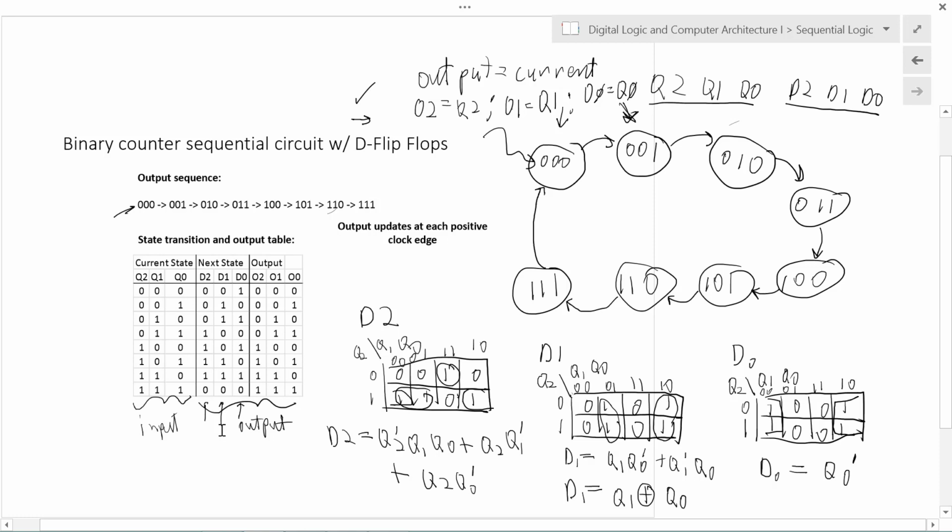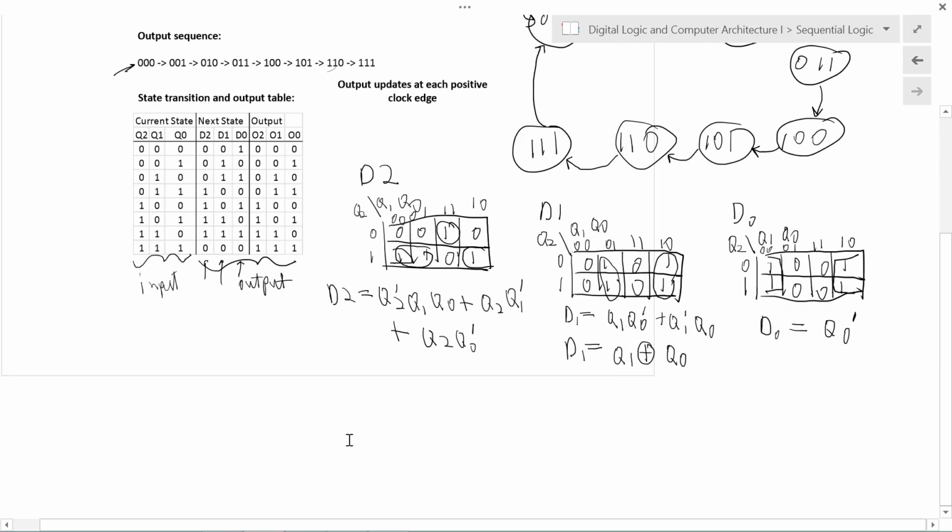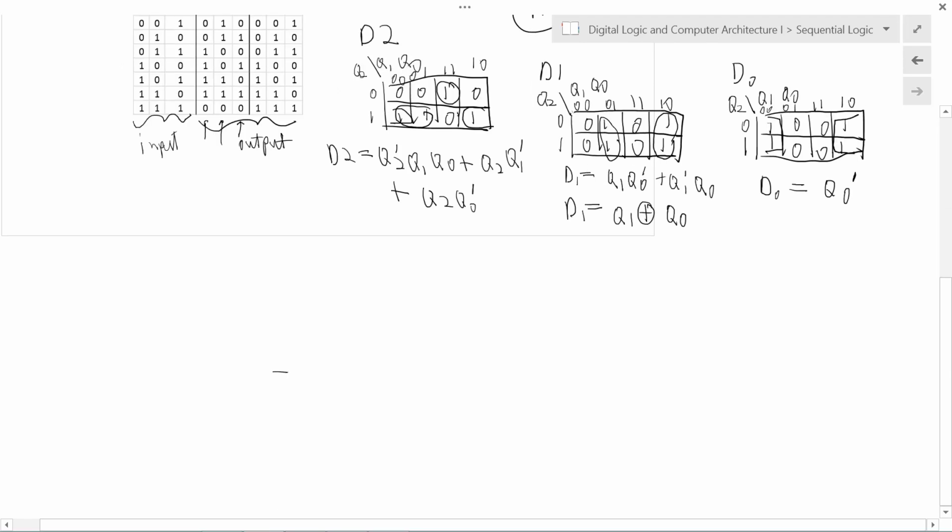So let's see if we can draw the circuit. We have D2, D1, and D0. How many flip-flops do we need? We need 3. Let's draw 3 flip-flops. One, 2, 3.